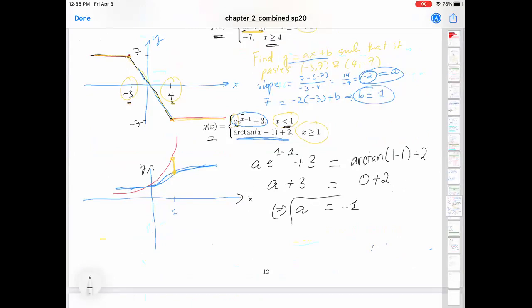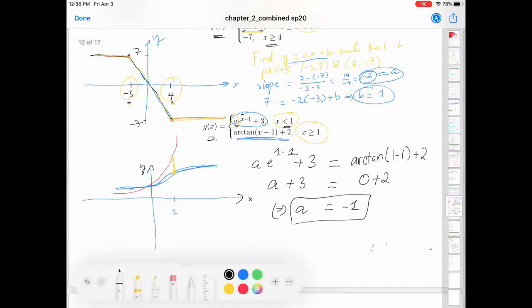So when a equals negative 1, the graph will look like this. Negative 1, so you flip the red graph over the x-axis. You flip it over the x-axis, and you should meet it here.